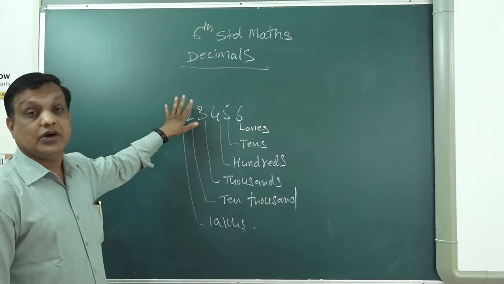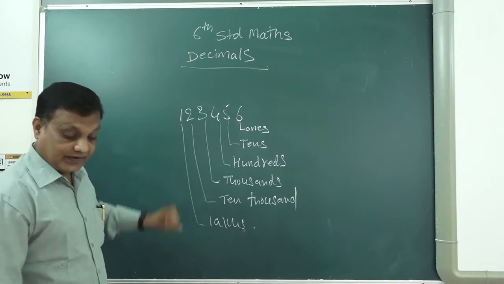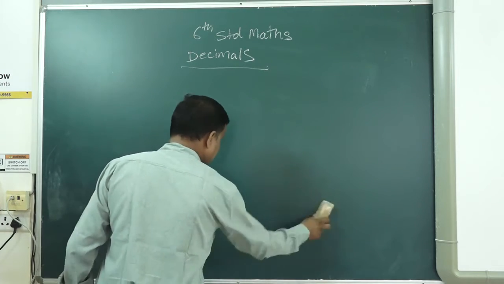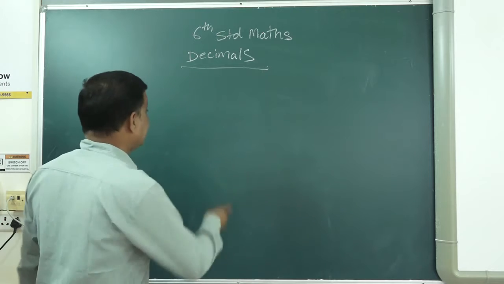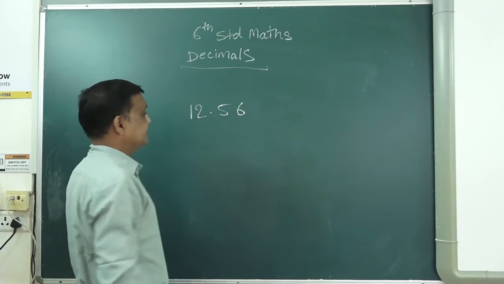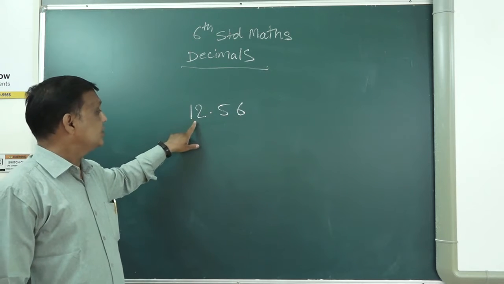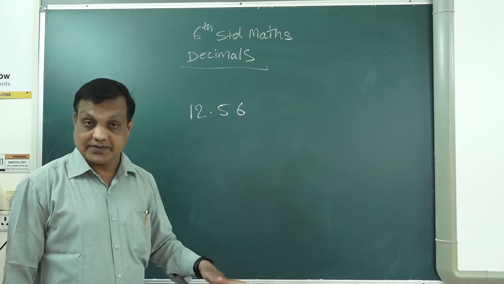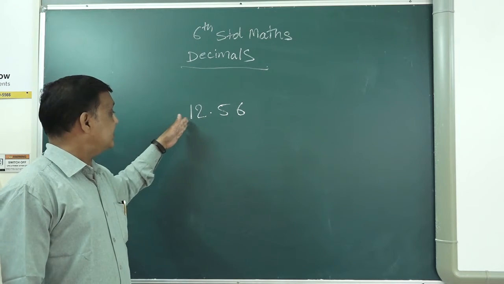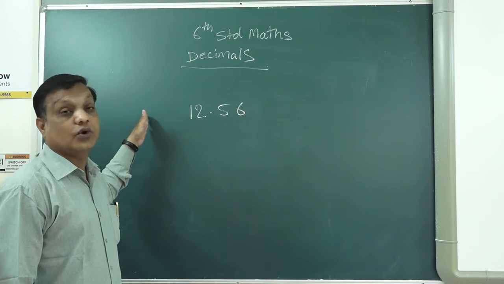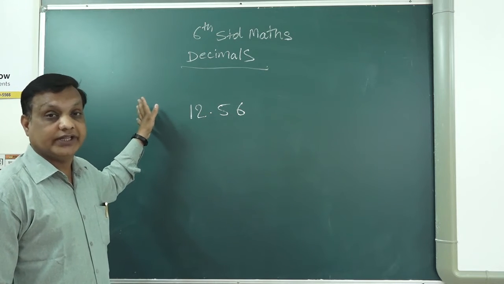So we will see now decimals. How will we find out the place of decimal? Now here I am writing a number, 12.56. Whenever you read a decimal number, the digits on the left, before the decimal point, are whole numbers that we read together.